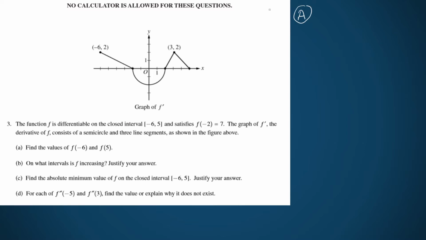Since we know f of -2, it's integration from -2 to -6, and then we change the sign. Okay, of what though? What am I integrating? F prime x dx.